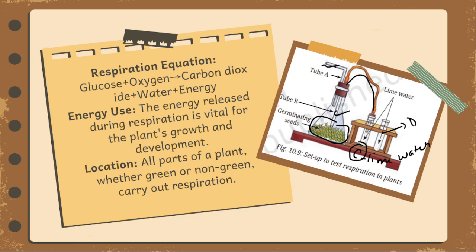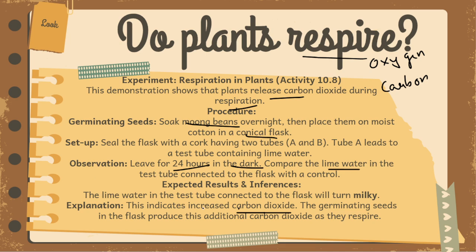You'll compare the lime water present in D and the lime water present in C, and you'll observe that the lime water in C has turned milky. So this is how we concluded that carbon dioxide is released during respiration of plants.